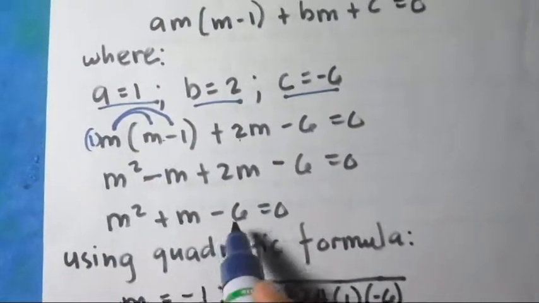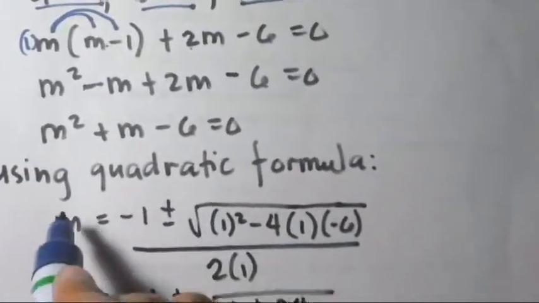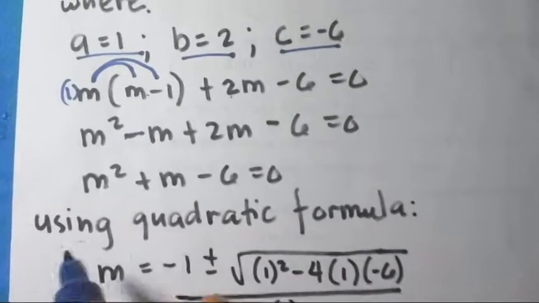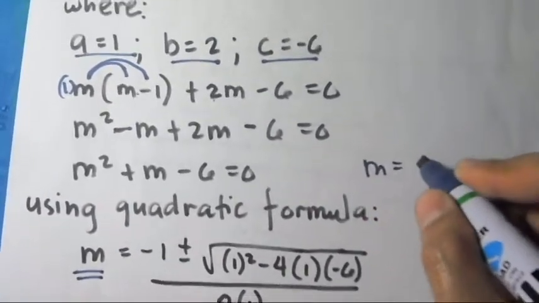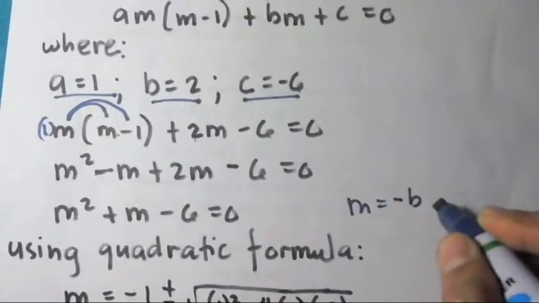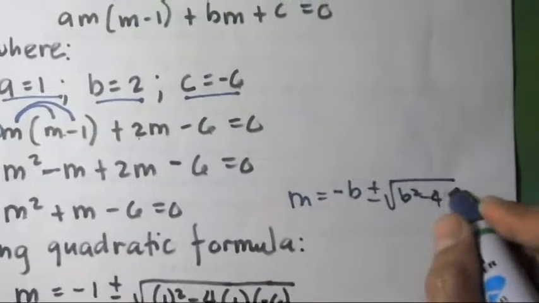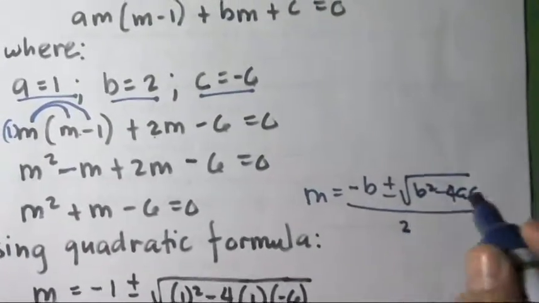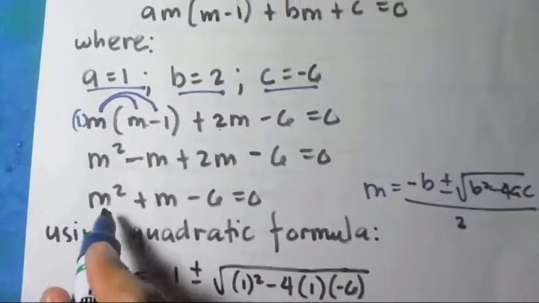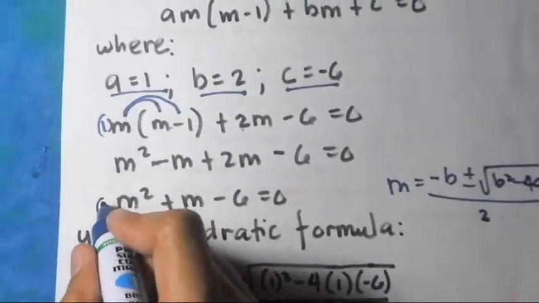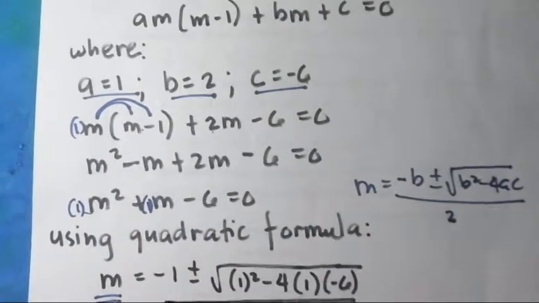By looking at this equation, we are now using the quadratic formula to get the value of m. As we have the formula of the quadratic equation, m is equal to negative b plus or minus the square root of b squared minus 4ac over 2a. By considering these values, a is 1, b is 1, and negative 6 is our c.